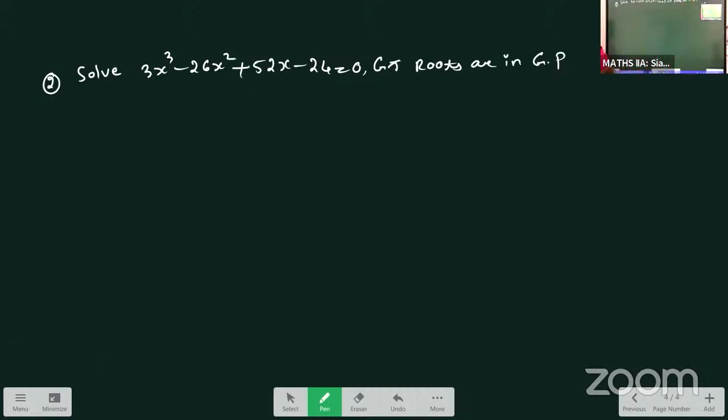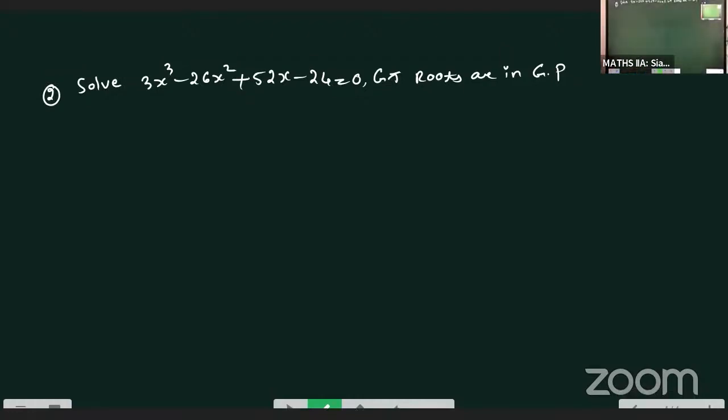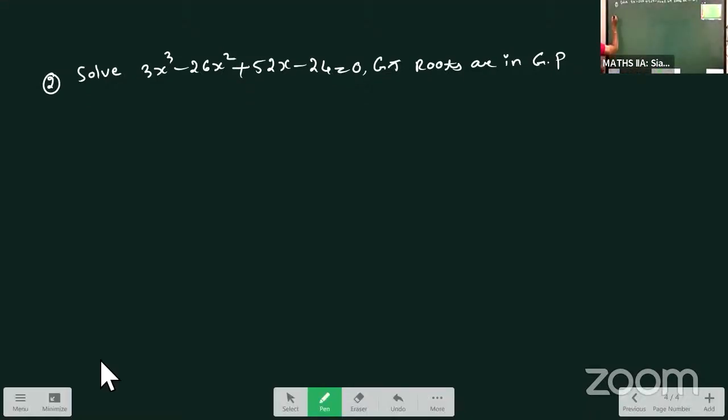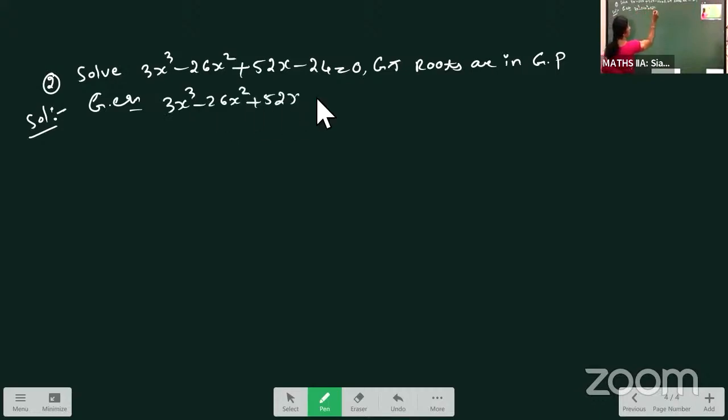When roots are in GP, how to solve? The procedure goes like this. Solution. Take the given equation 3x cube minus 26x square plus 52x minus 24 is equal to 0.